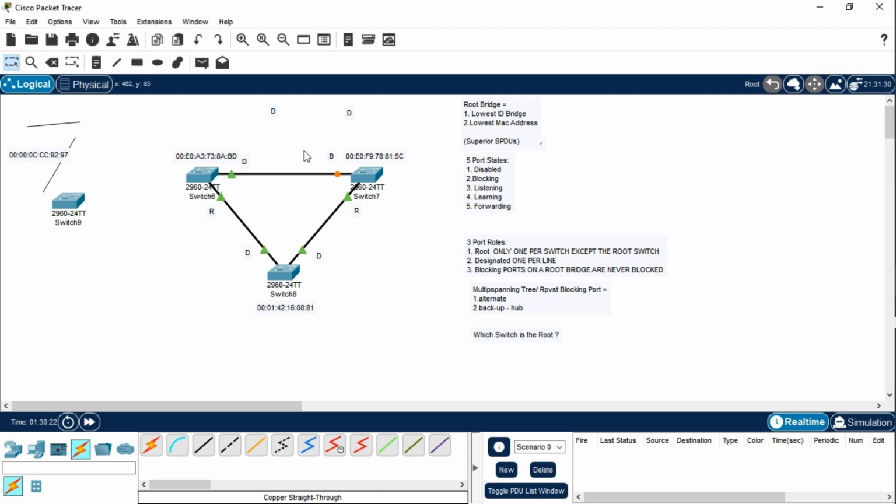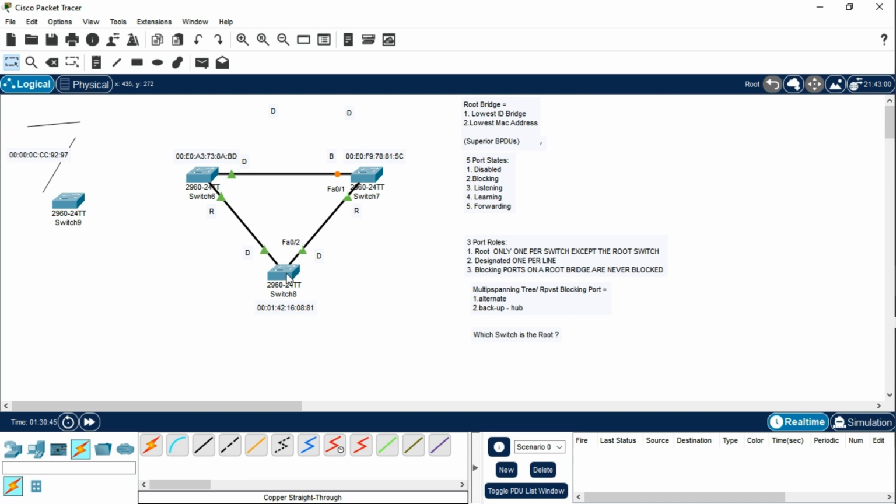Mind you, the bridge ID on this and this potential switch in the future, foreshadowing here, is going to be the same. So all of this is based upon the lowest MAC address. This switch here has the lowest MAC address, therefore this is going to be our root switch.